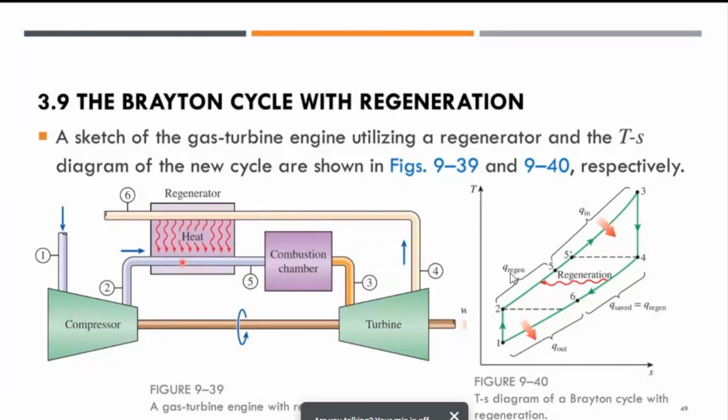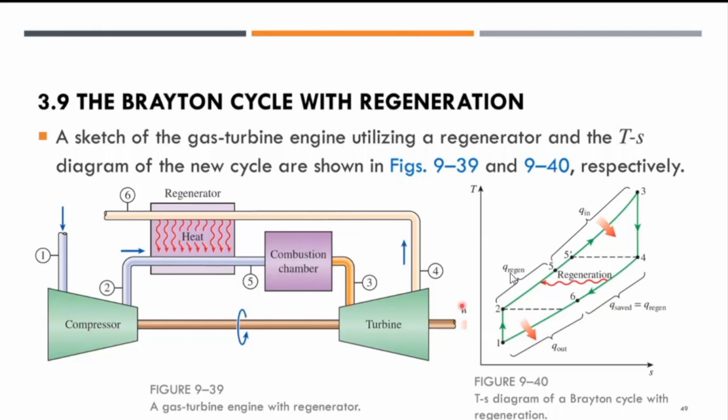So we have the regenerator to increase the temperature to a more suitable temperature for the combustion process to take place, right? And the flow then goes into the turbine, and the air will then exit the turbine and also pass through the regenerator, where the heat is then expelled out of the system, going back into the process from 2 to 5. And you can see that it is a continuous process.